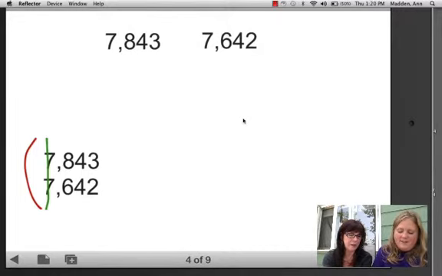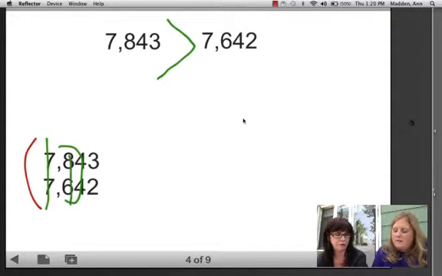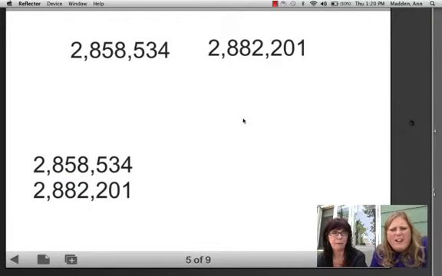The next two digits are 8 and 6. This is where I find my first difference again. 8 is larger than 6. Therefore, 7,843 is larger than 7,642.